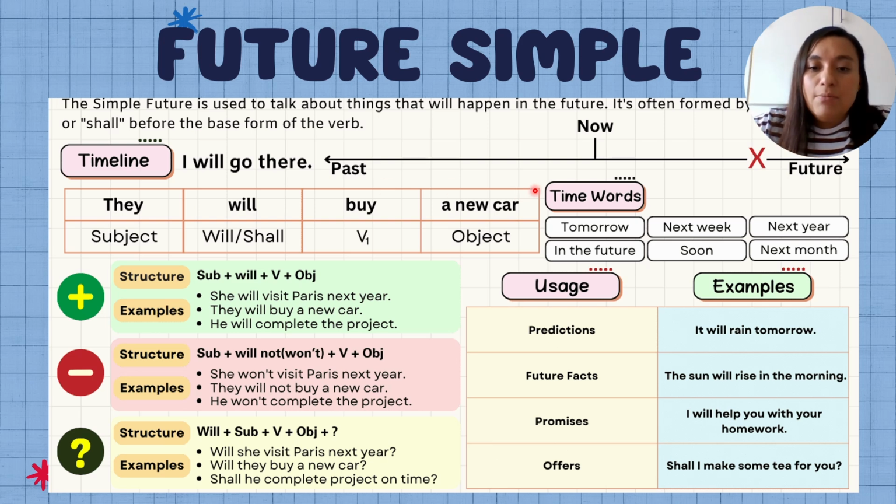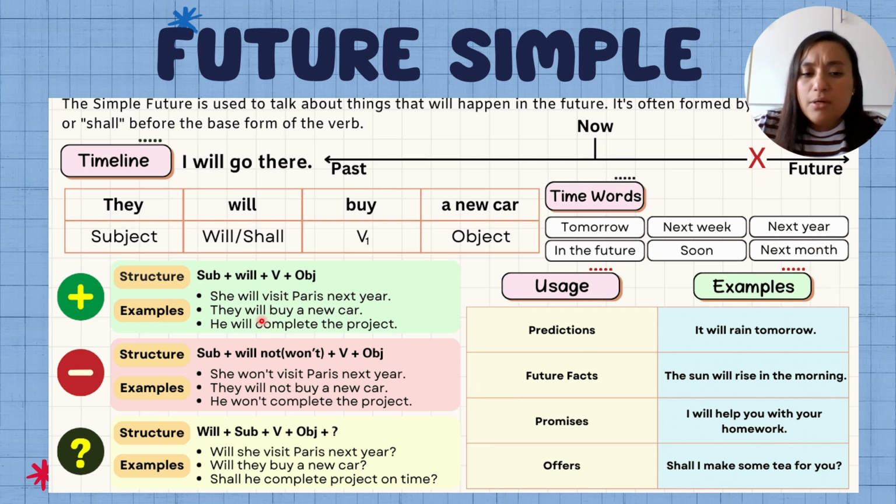So we have the timeline. As you already know, these are situations that happen in the future. So, I will go there. They will buy a new car. These are the different time expressions in which we can use the future simple, like tomorrow, in the future, next week, soon, next year, next month, and so on.